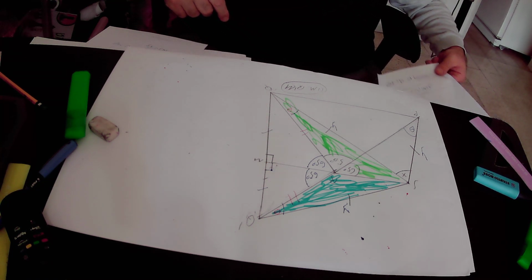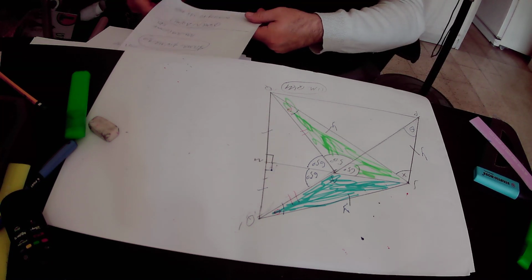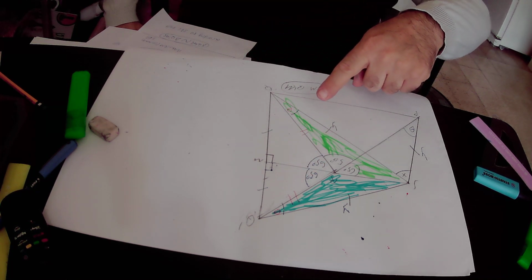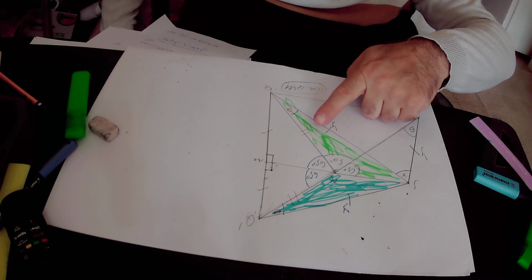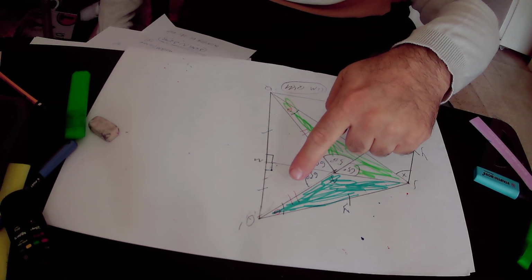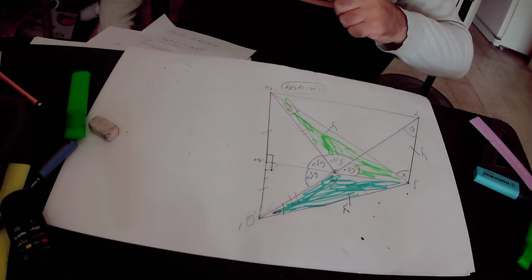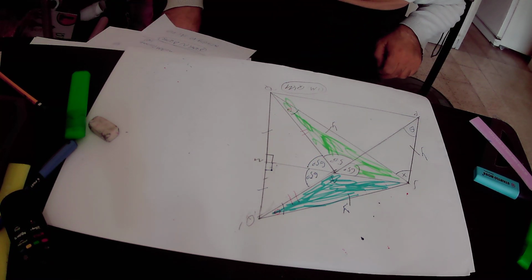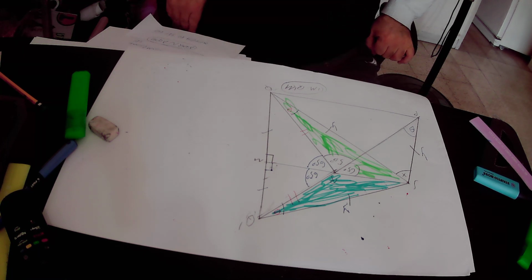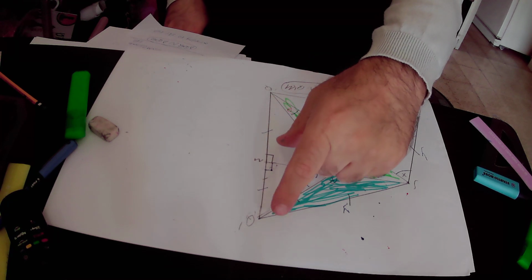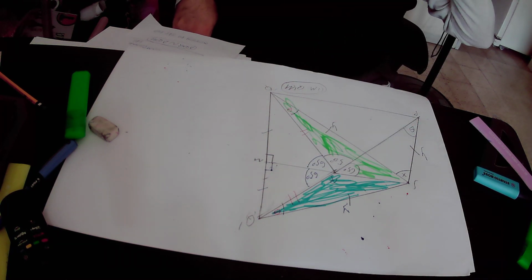Then we focused on those two right triangles, triangle QMR and the right triangle Q dash MR, and we proved that those two right triangles can go into each other. First of all, we know that QM equals Q dash M according to our construction.